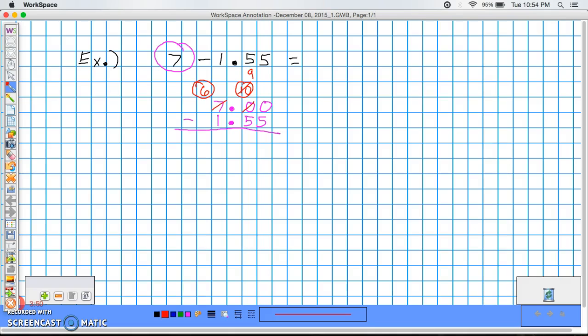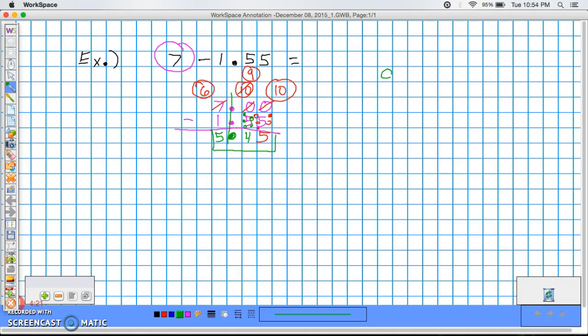So that 10 turns into a 9, and this 0 turns into a 10. Now I can subtract 10 minus 5: 9, 8, 7, 6, 5. 9 minus 5 over here. Let's see, choose a different color. 8, 7, 6, 5, 4. My decimals are in a line, so I drop my decimal there. Line up your decimals. 6 minus 1, 5. So there's my answer, 5 and 45 hundredths.